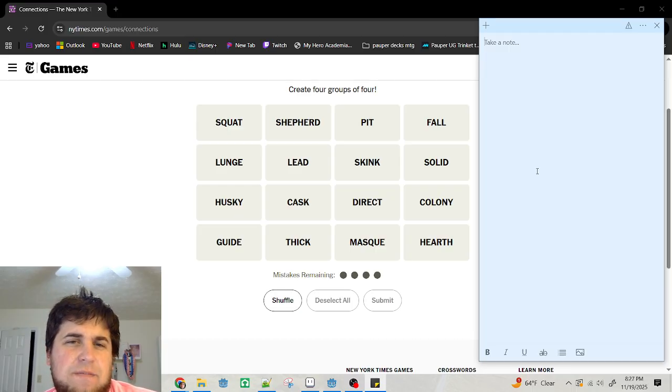Interesting, okay. Skink is an animal, right? A pit, a shepherd, a husky. Shepherd, husky. Can I make this any larger? I don't know how to, if that's an option. Pit, shepherd, husky.